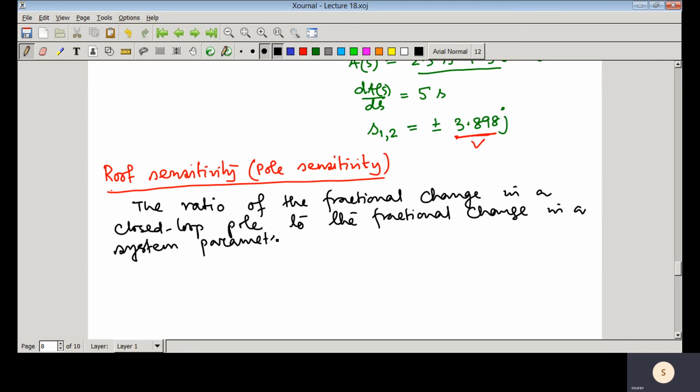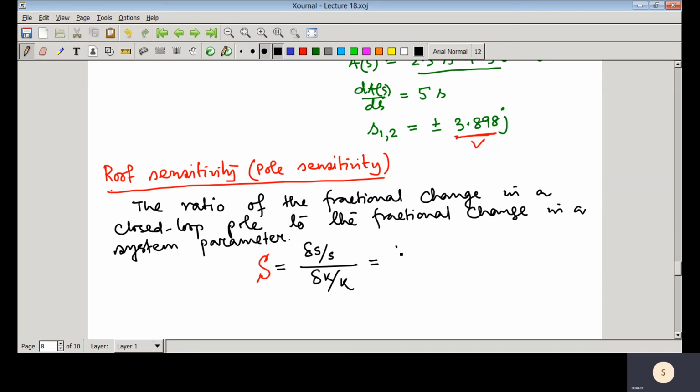Here that system parameter is K, and so we can just say that this is the sensitivity. So sensitivity is equal to delta S by S, that is the change in the pole, divided by delta K by K.